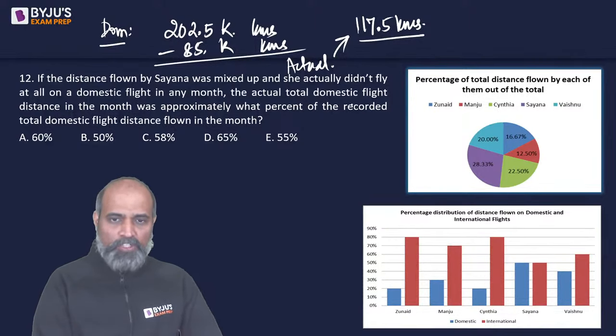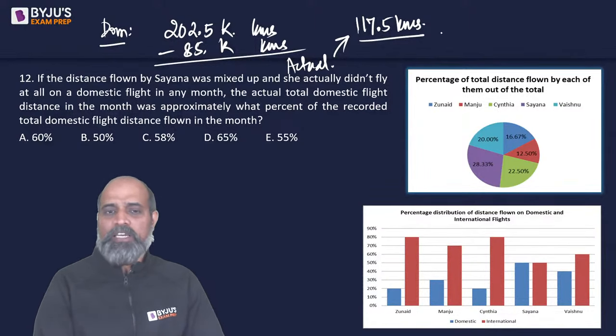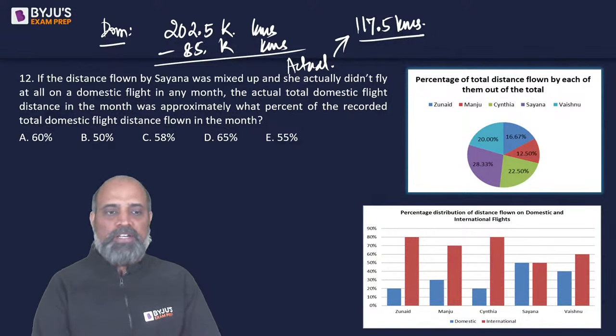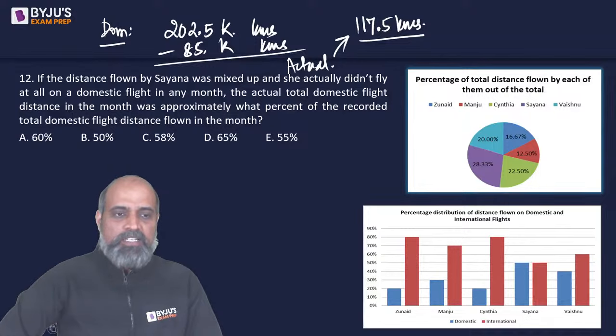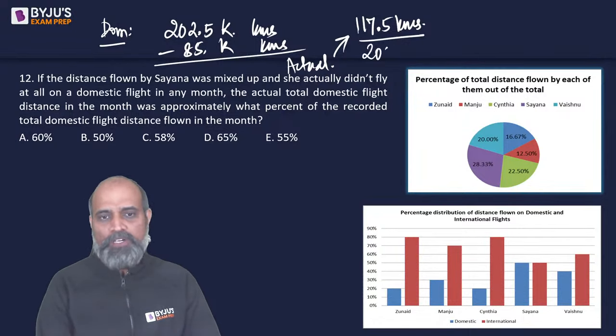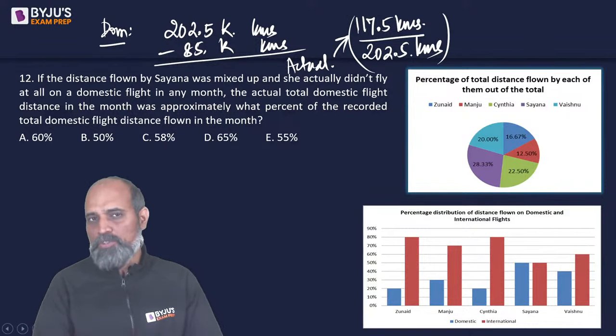The actual total domestic flight distance in the month is approximately what percentage of the recorded total? So 117.5 out of 202.5. That's what they're asking. Because recorded was 202.5, but actually 117.5.